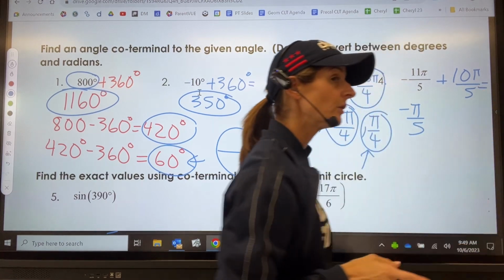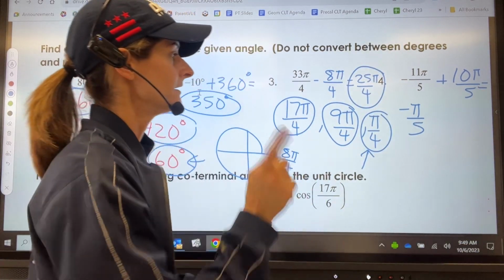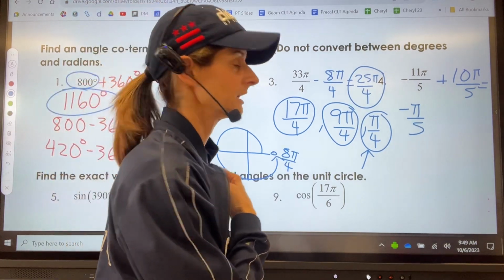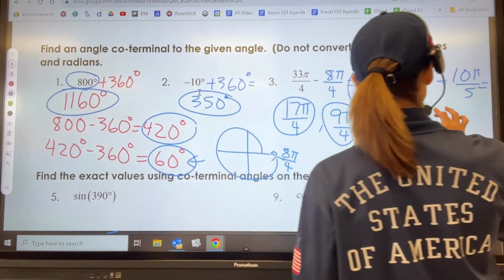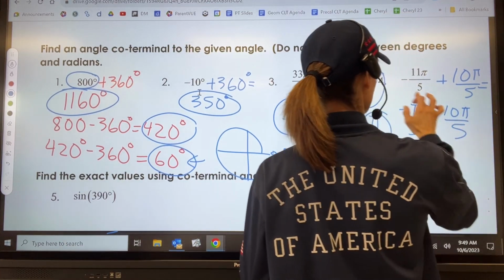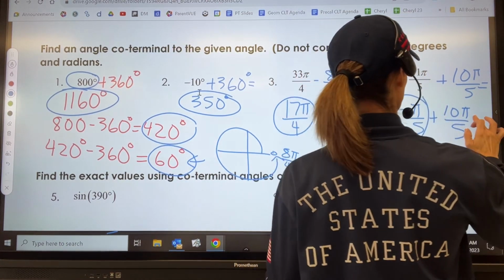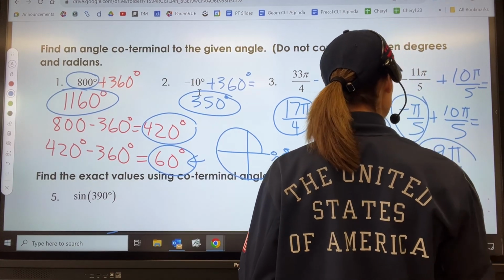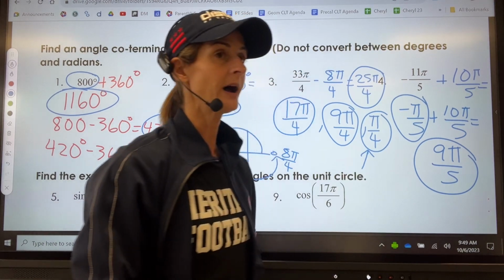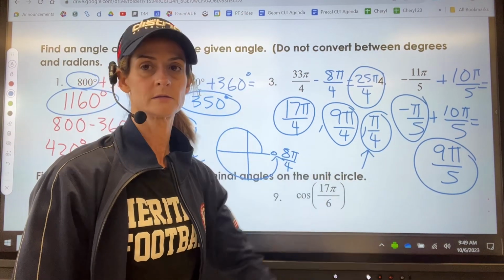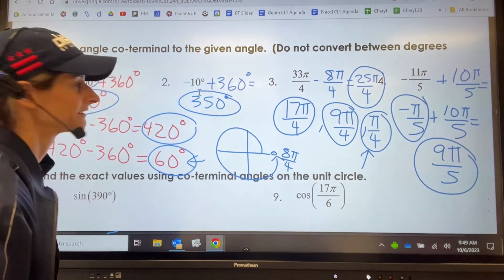Now, if the interval is between 0 and 2 pi, I've got to add another 10 pi over 5 to get 9 pi over 5. So there's one coterminal angle. One more would be 9 pi over 5, and that would be between 0 and 2 pi, because 2 pi is equal to 10 pi over 5, and that's less. How are we doing?